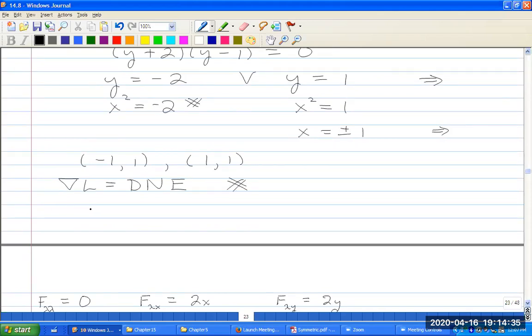And so that says that my critical numbers, my possible extrema, it's kind of weird to call a point with two variables a number, but that's what they are.